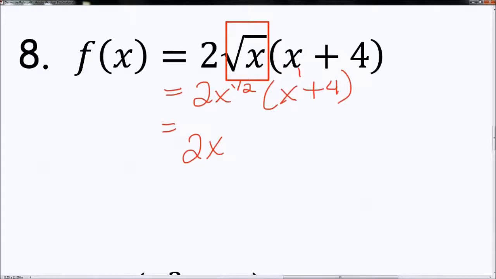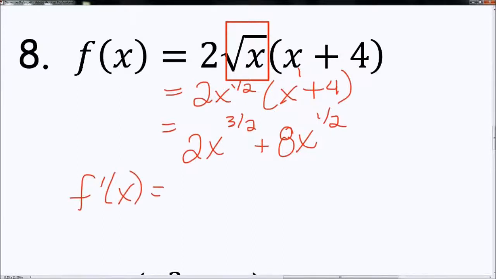So if I add my two exponents, this will be 3/2, plus 4 times 2 is 8, and this will be 8 x to the 1/2. And so now I can take my derivative. And so I'm going to have 2 times 3 over 2. Well, that will give me 3. And then subtract 1 will give me 1/2. Plus half of 8 is 4, x to the negative 1/2.